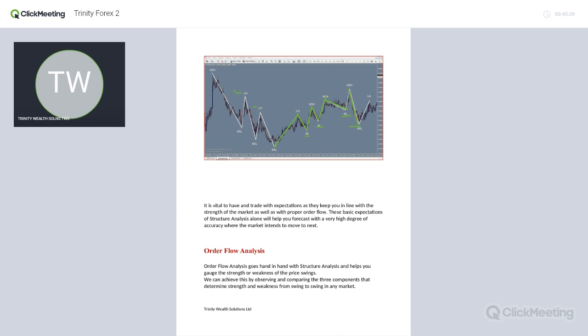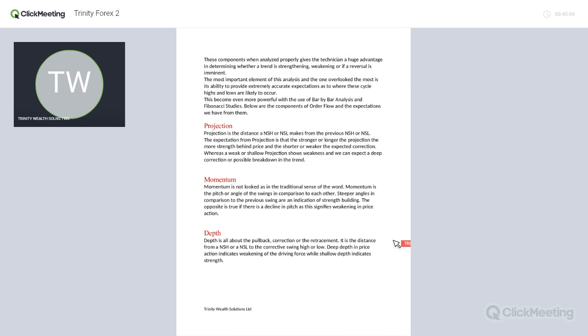We are going to see how you can tell that the market is weakening or strengthening. The bulls are getting stronger or the bears are getting stronger, whichever way, depending on the direction of the trend, whether it's uptrending or downtrending. We have said that there are three components which help us to analyze whether the market is weakening or strengthening.